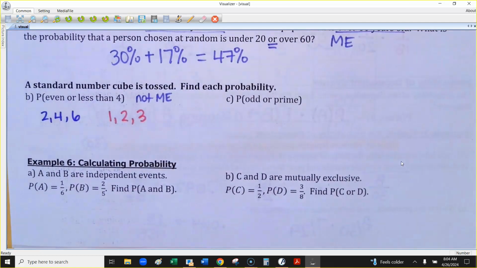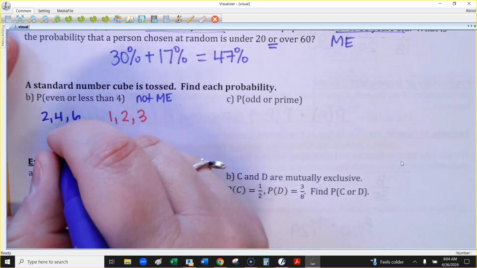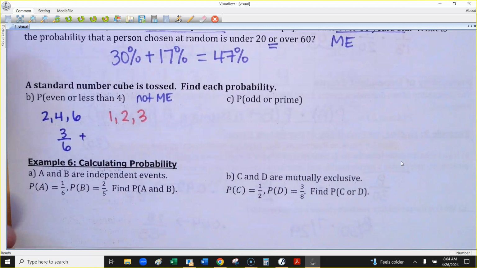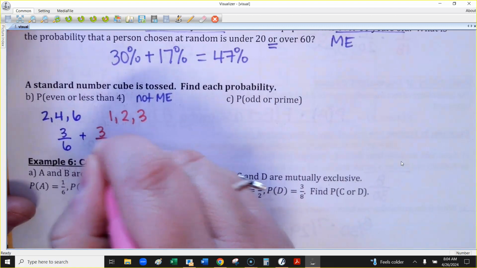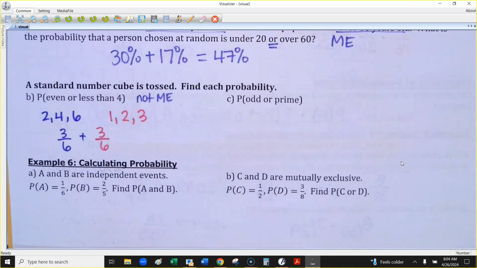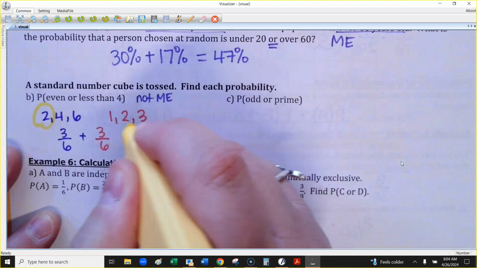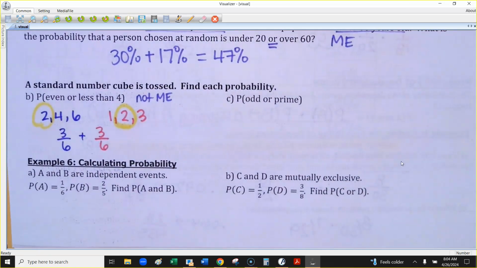That would be 6 options and subtract the overlap. So one way I could do this, I could say, okay, right here there's 3 over 6, plus right here there's another 3 over 6. And then what we would have to be mindful of is we'd have to subtract off any overlap, which, if you notice, 2 was in both of these categories, so I counted that twice.